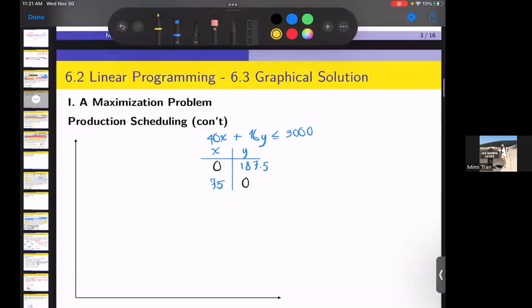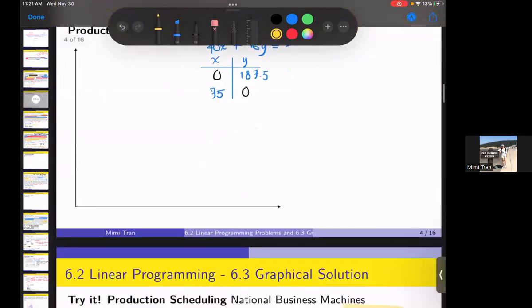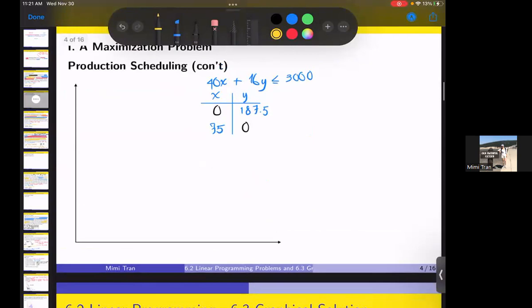The second inequality, 5x plus 4y less than or equal to 580. I'm gonna be lazy. I'm gonna copy and paste, duplicate this one. Let x be 0, y be 0 again.